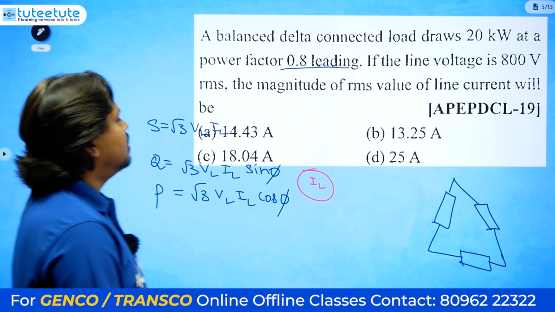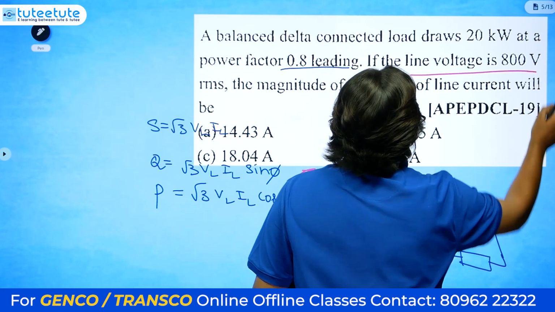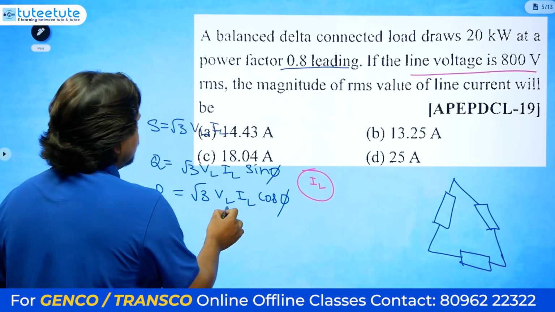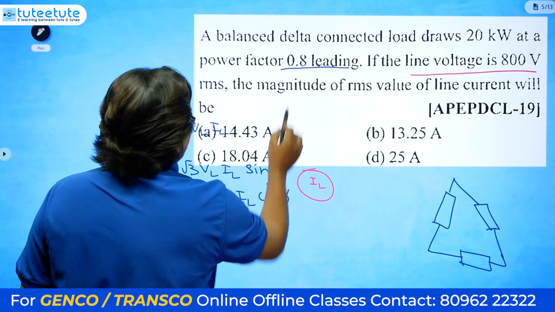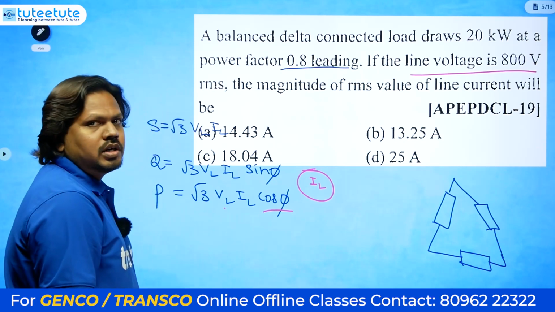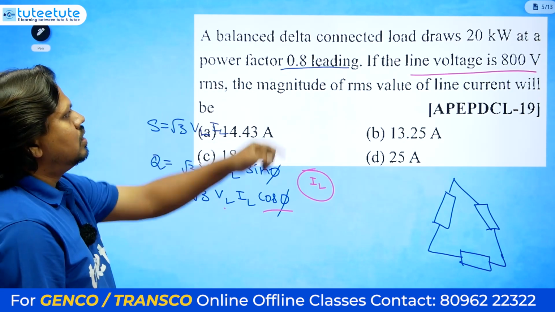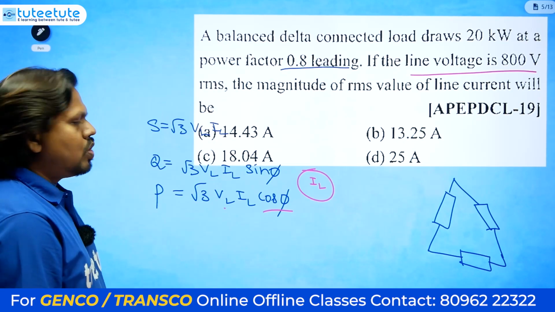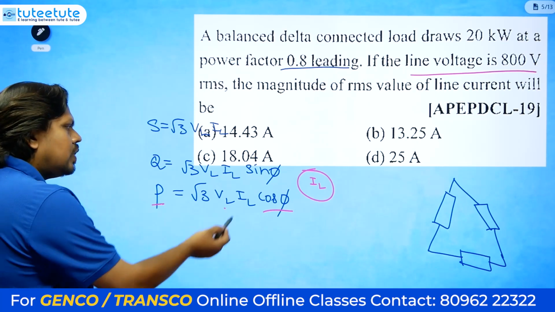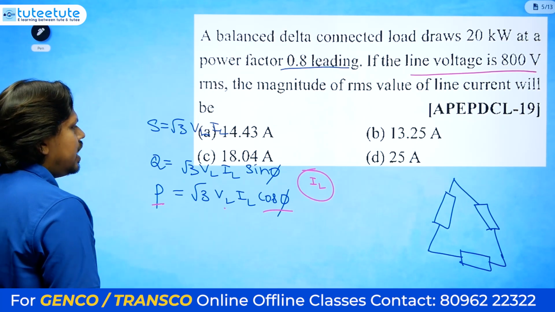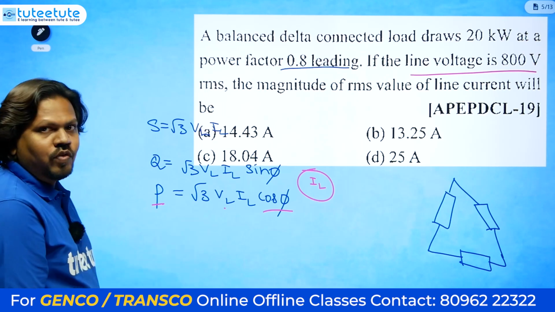See one thing, the line voltage is 800 volt, so we know the line voltage. The power factor is 0.8, so we know cos phi. The load draws 20 kilowatt, we know. So what we need is only this IL value, and we know the value of root 3.